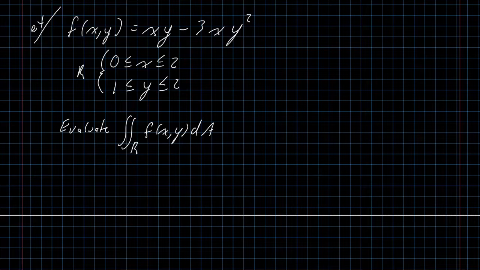All right, so here we're looking at a function f of x and y is equal to xy minus 3xy squared. Region of integration is defined as the set of xy's where 0 is less than or equal to x is less than or equal to 2, and 1 is less than or equal to y is less than or equal to 2. I would like you to evaluate this function on this region.